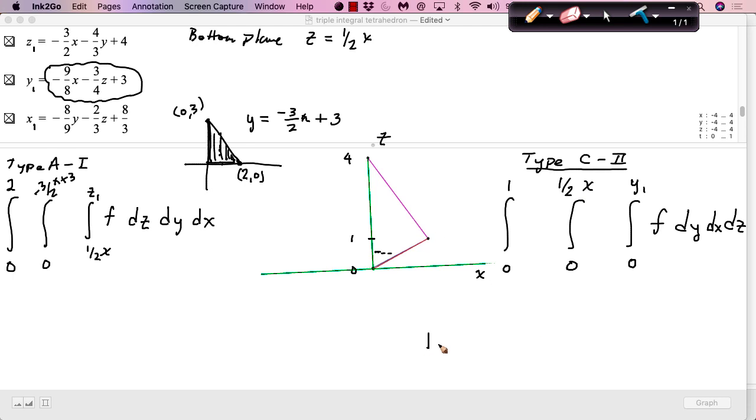And then when z is from 1 to 4, it's going to be from 0 to, what's this point? This is 2, 1, and this is 0, 4. So we need the equation of that line, which looks like z equals negative 3 halves x plus 4.